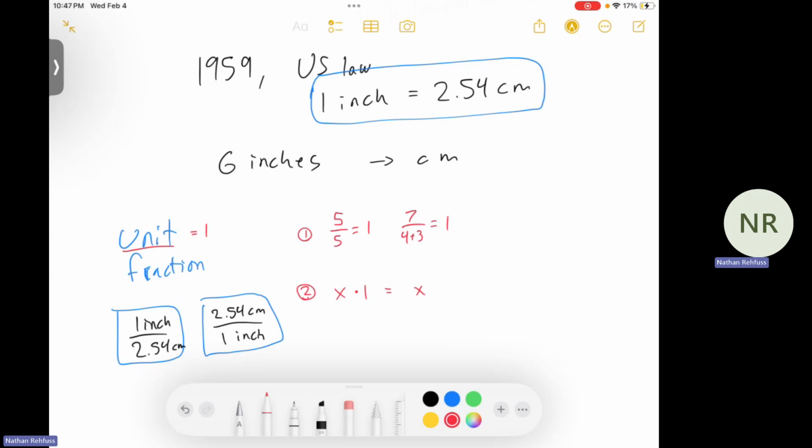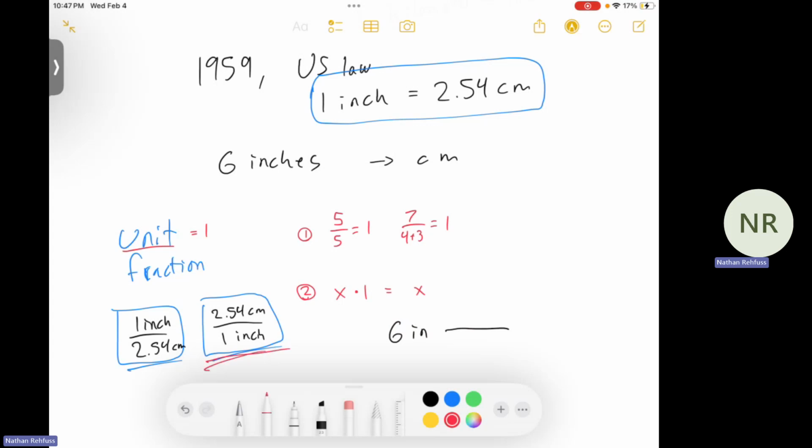So what I can do is if I multiply 6 inches by a unit fraction, it will still measure 6 inches. It'll just have different units. So which of these two unit fractions should I multiply by? We're going to take 6 inches, and now I'd like to get rid of the inches and have my answer in centimeters. So I'm drawing the bar for a unit fraction here.